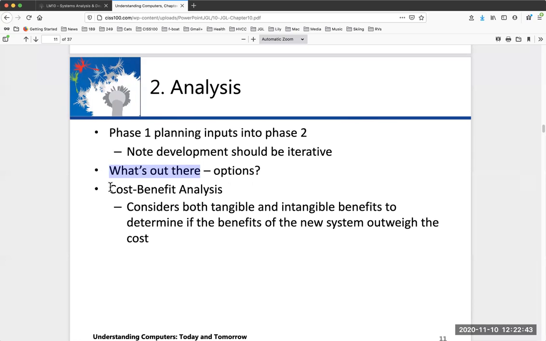As we do this, we start to construct a cost-benefit analysis. What are the costs of the new system, okay? And what are the benefits? It's not just the quantitative, the numbers, okay? When it comes to benefits, what are the qualitative factors? Can this new system provide better customer service, allowing me to keep my customers longer down the road in the future?